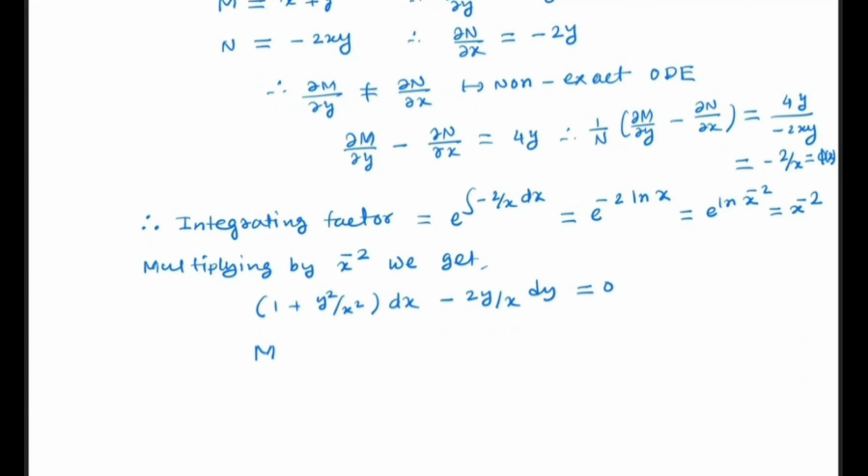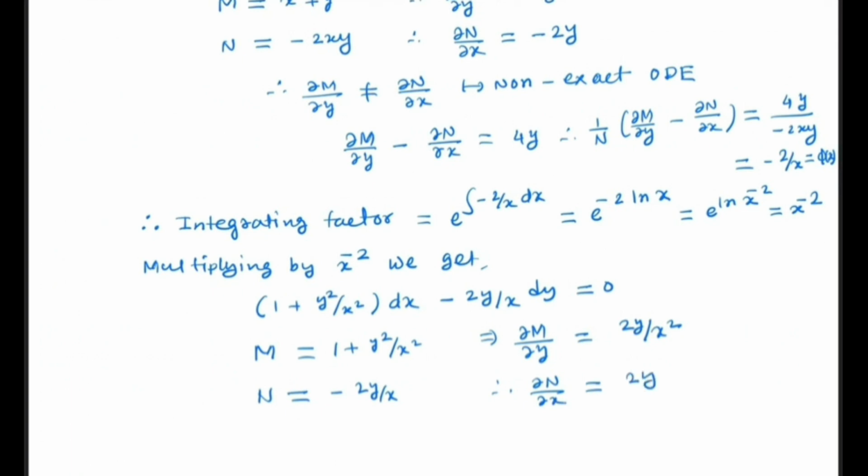So here we have M is 1 plus y squared/x squared, so del M/del y will be 2y/x squared. N is minus 2y/x, so del N/del x is nothing but 2y/x squared. So hence we have an exact equation, and we know how to solve an exact equation.